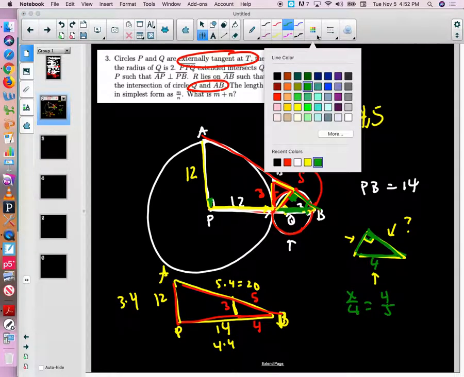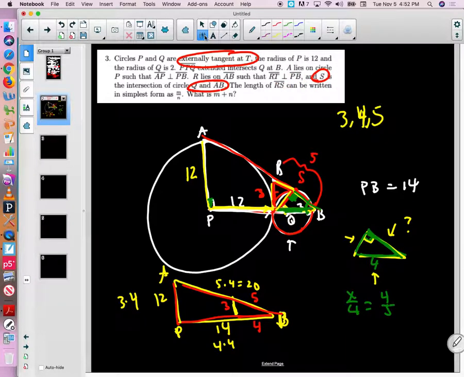I don't know if I'm explaining that very well. But the ratio of the hypotenuse to the longer side should be a 4 to 5 ratio. So I'm saying in a 3, 4, 5 triangle, this should be a 4 to 5 ratio.